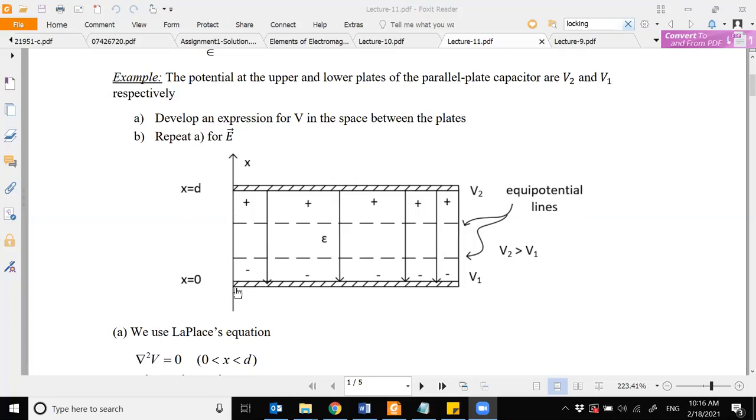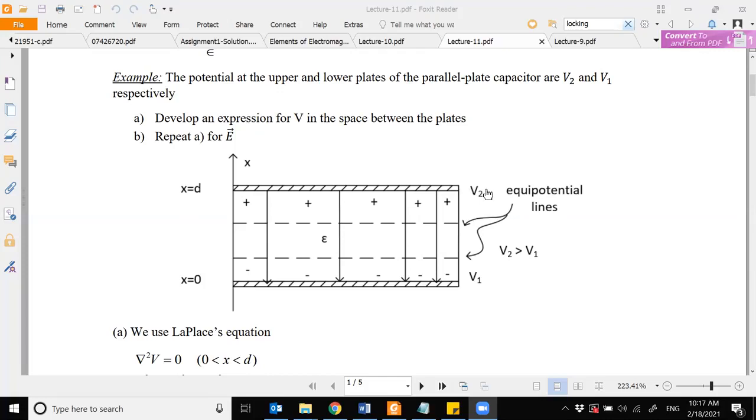Along the y-axis, I am putting the two plates in the yz plane. This plate is at x equal to 0, and this plate is at x equal to d, so the distance between the two plates is d. The plate at x equal to 0 is placed at a potential of V1, and this plate is kept at a potential of V2.